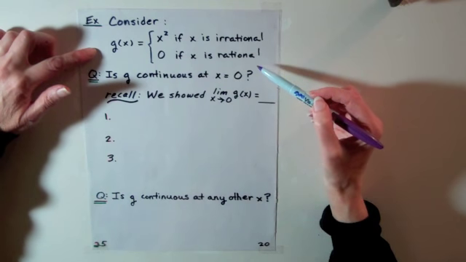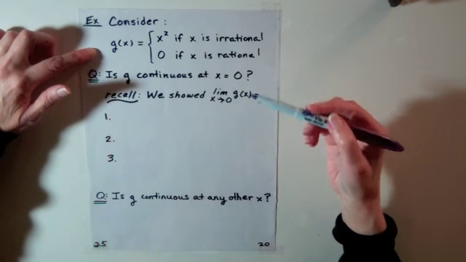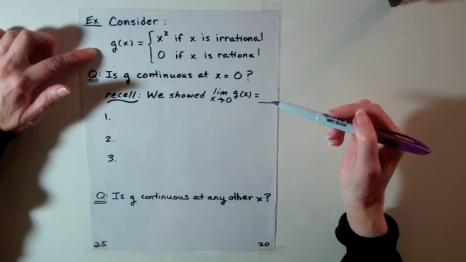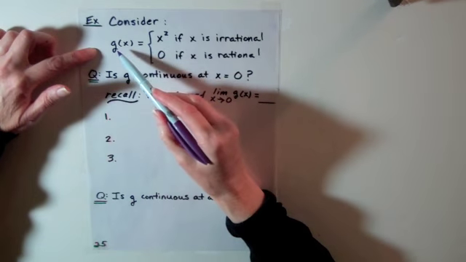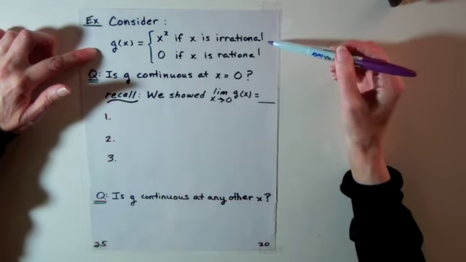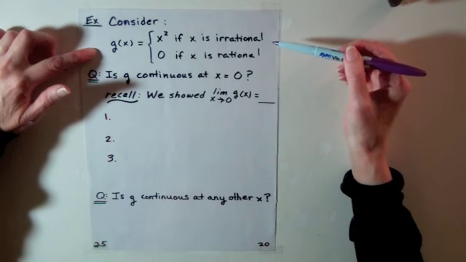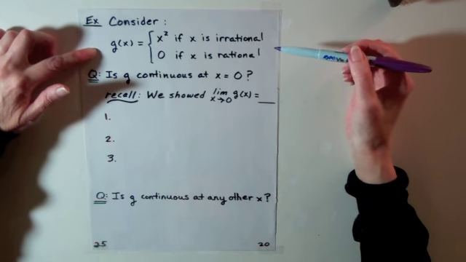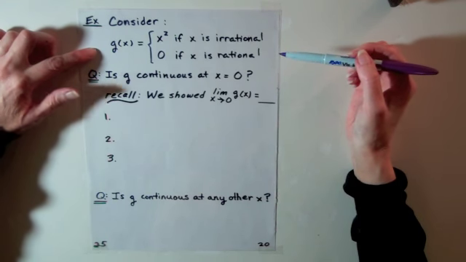In other words, if x equals like 2/3 or 9/4, one integer over another, that is a rational number. But we use a completely different rule: g of x is equal to the input squared, x squared, if x is irrational. Examples of irrational numbers would be things like square root of 2, the 5th root of 5, anything that cannot be expressed in the form a over b, where a and b are both integers.